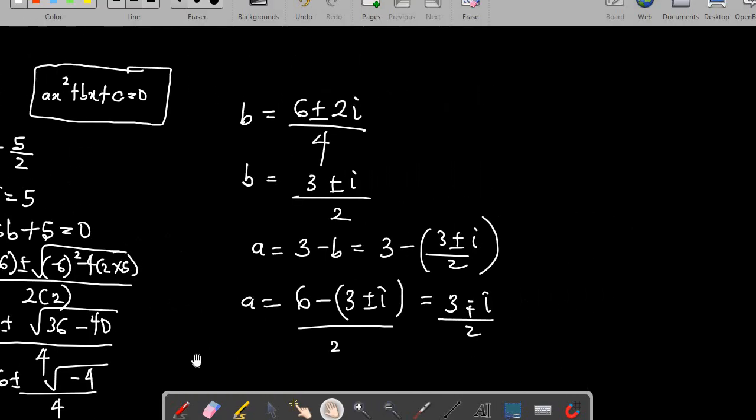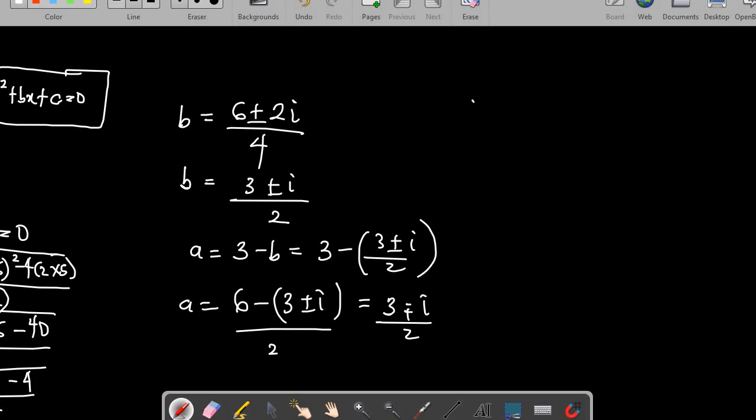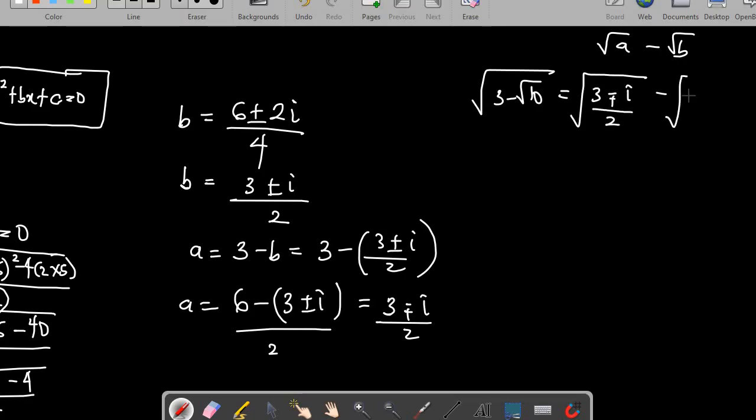So our final square root, the square root of 3 minus root 10, will be equal to root a minus root b, don't forget, as our square root that we assumed. So we have root of (3 minus or plus i over 2) minus root of (3 plus or minus i over 2).